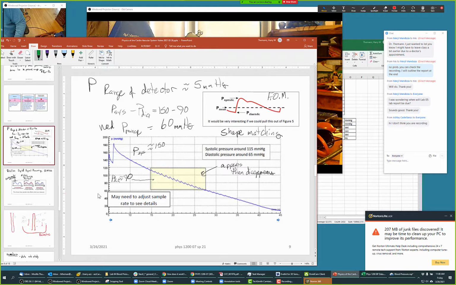Okay. So again, that's the outline of what we're going to do today. We're going to do the digital sample, explore the digital sampling rate.